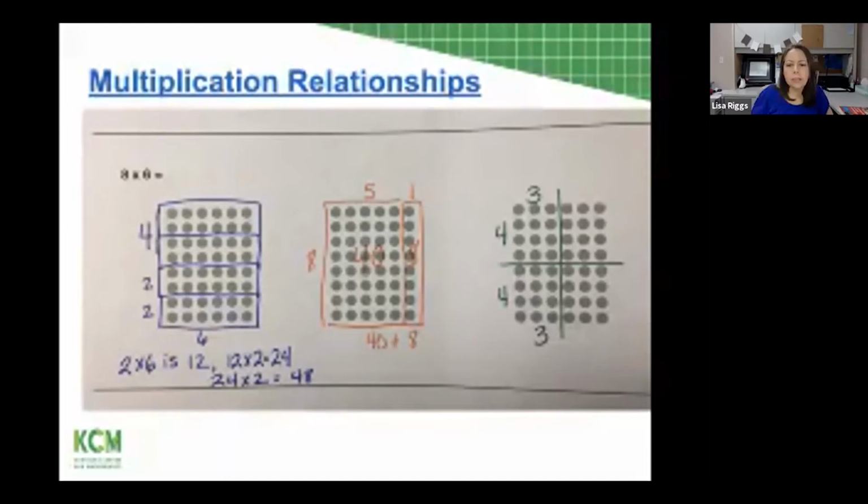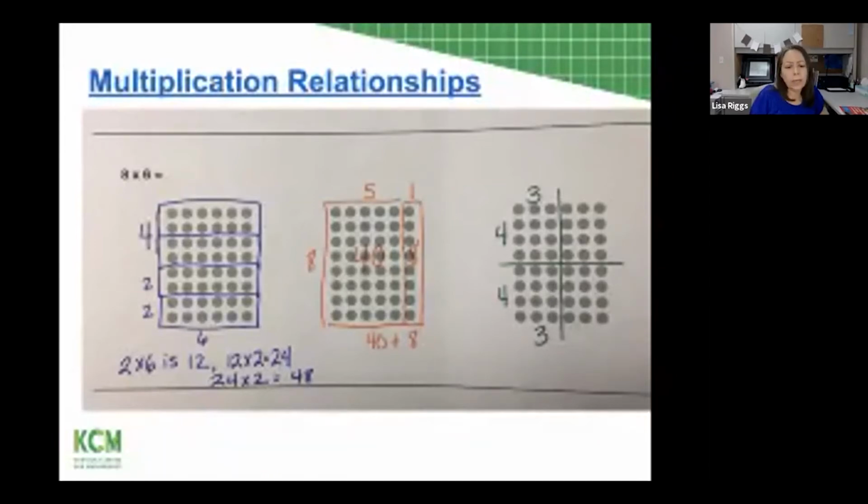So in my PowerPoint, this is a link to his site, and I've included this handout in your packet of information. It has all the arrays for the basic facts, where you could allow students to use that array to demonstrate the way they're thinking about it, or you could use it to record student thinking.